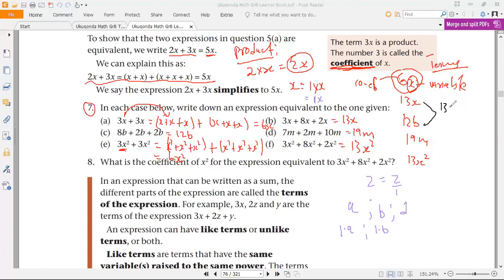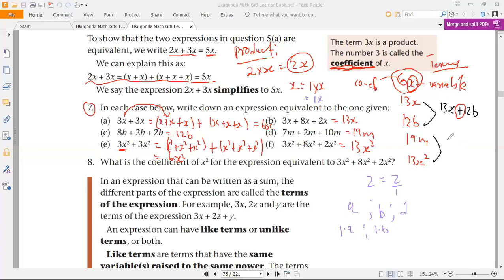Let's say 13x plus 12b. These are two terms because there is a plus sign between them. I want you to make sure that you understand that.